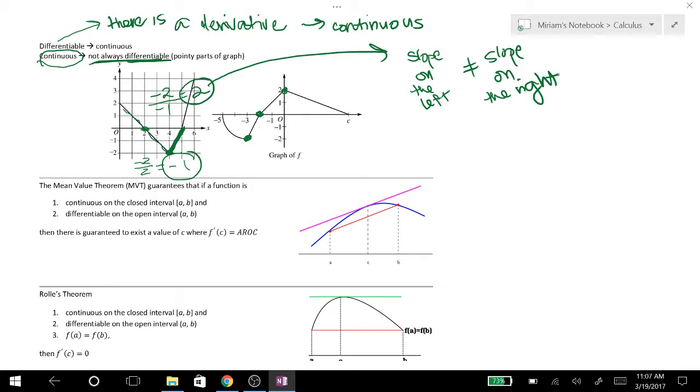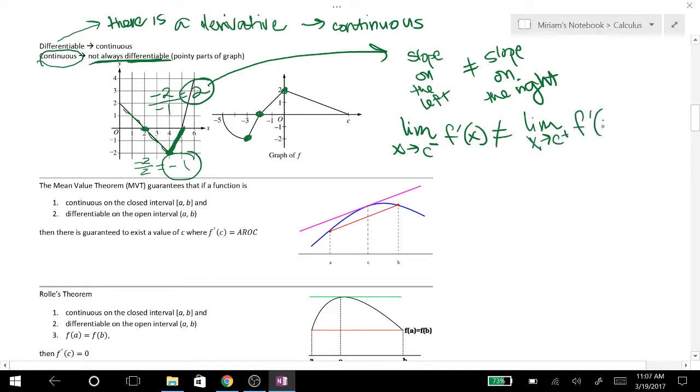A way that you can write that in math is the limit as x approaches a number from the left of the derivative is not equal to the limit as x approaches the number from the right of that derivative. In other words, if there's a pointy part of the graph, it's not differentiable at that point, even if it's continuous.